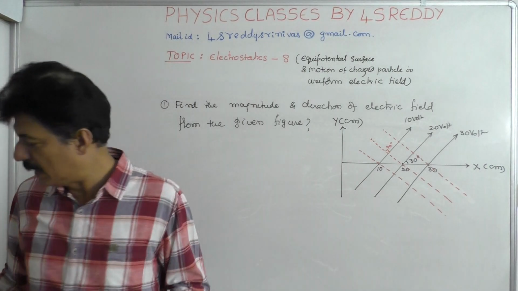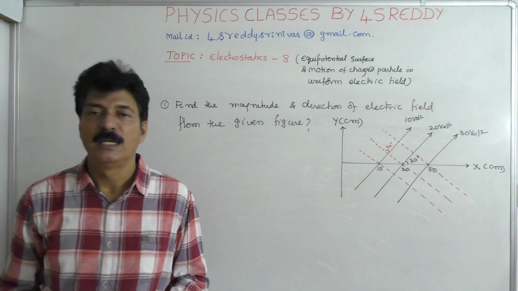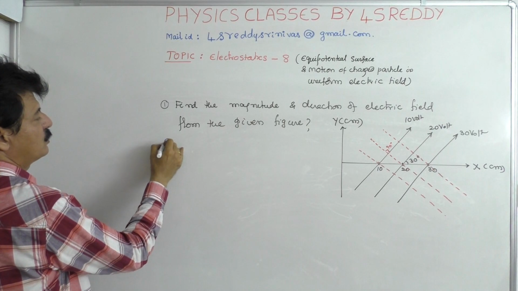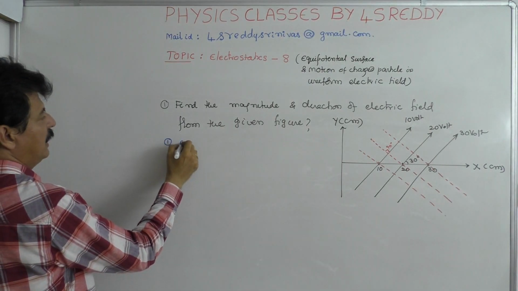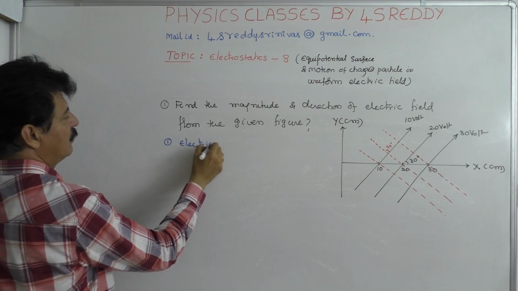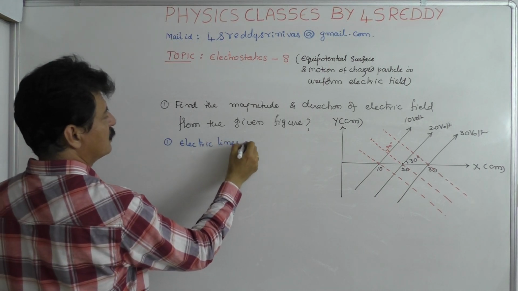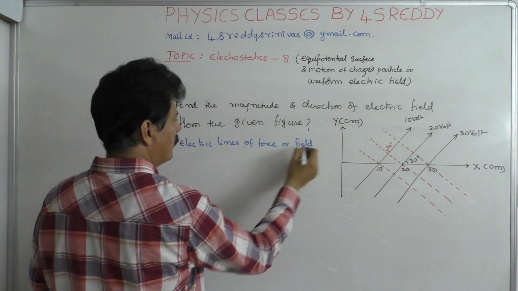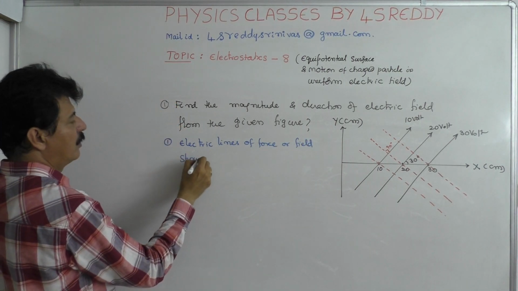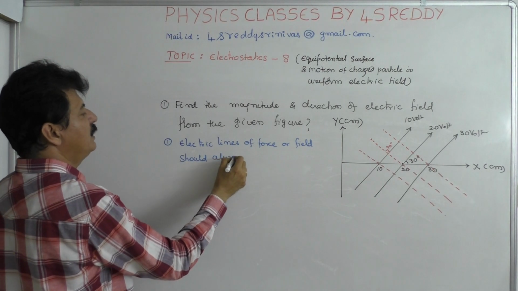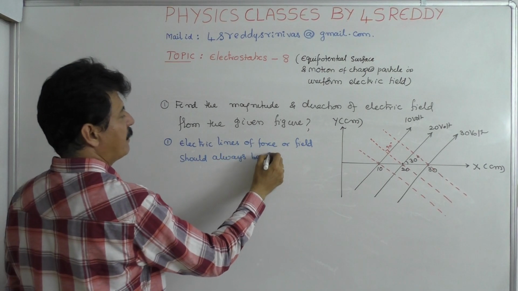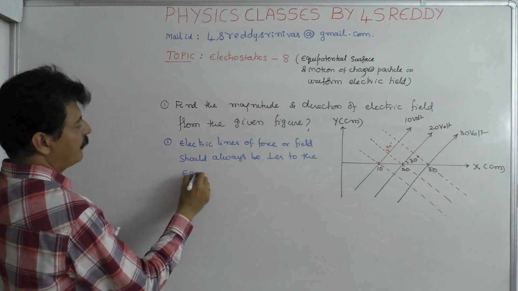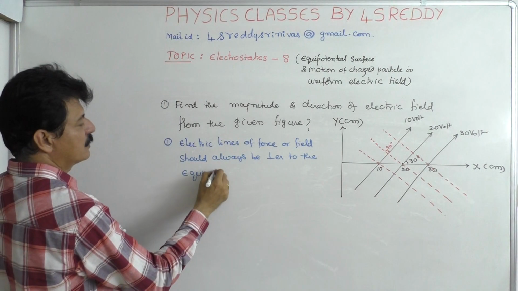There are 2 points while solving. The first point is electric lines of force or field should always be perpendicular to the equipotential surfaces.